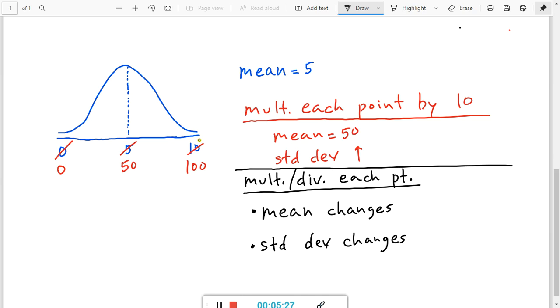Okay? So we said before, when you add or subtract, it's just the mean that changes. But when you multiply or divide, both of them change. All right, let's look at a few formulas.